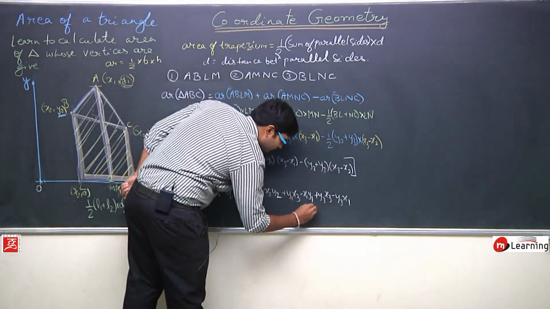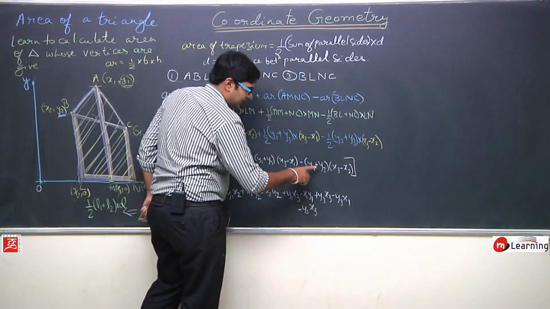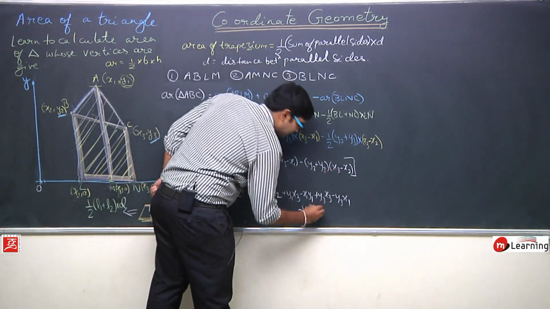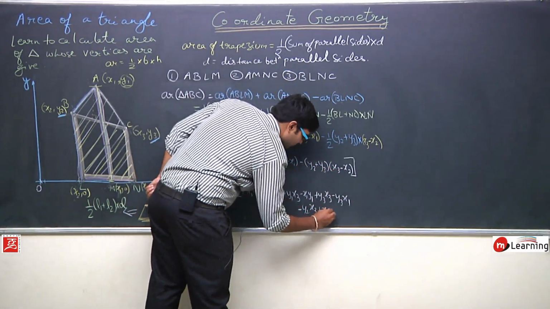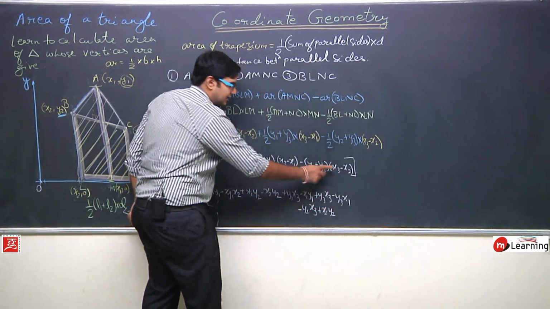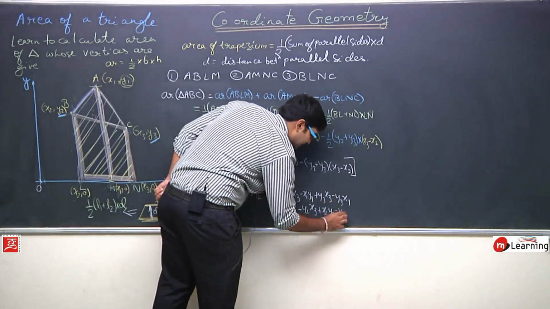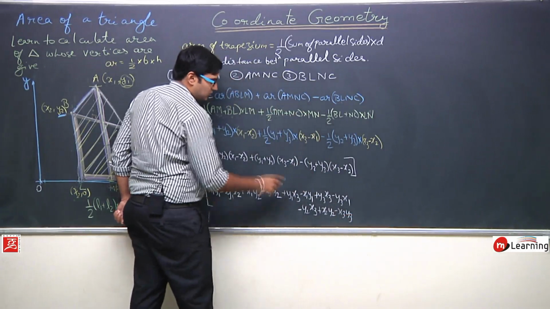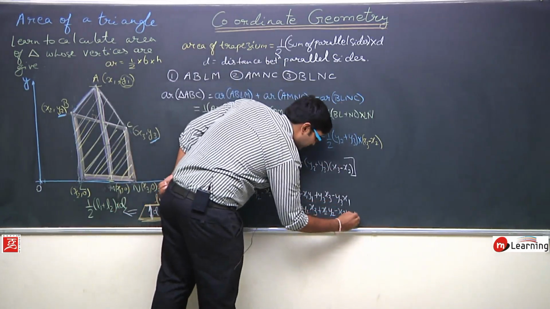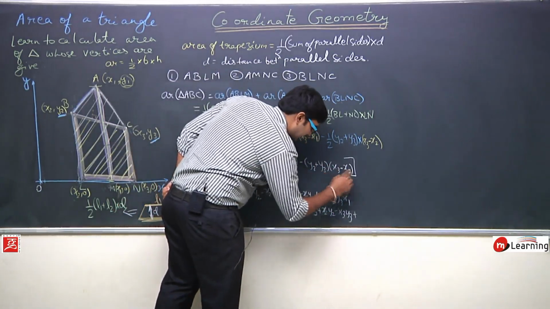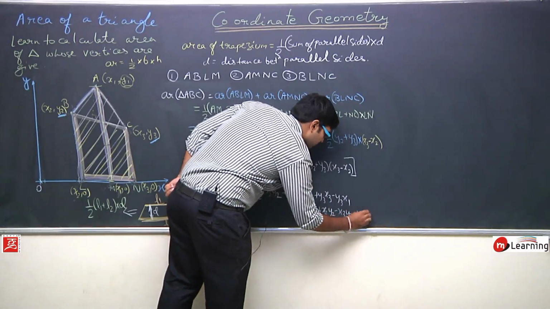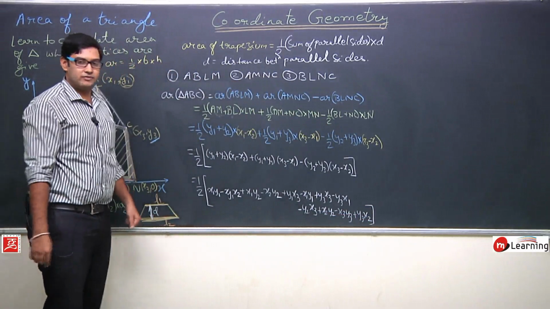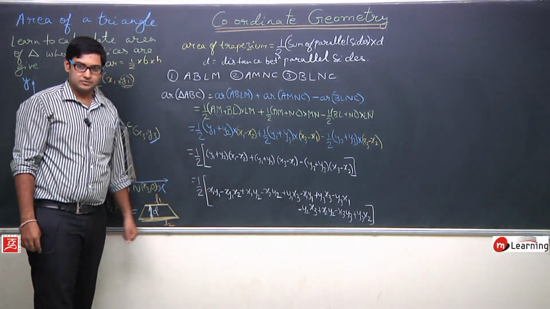Then y2 into x2, but with this minus and this minus it will become plus x2 y2. Then y3 x3 will be minus x3 y3, and y3 into minus x2 will become plus y3 x2. This is what we will get by solving this.